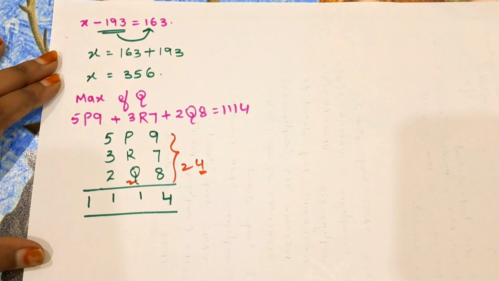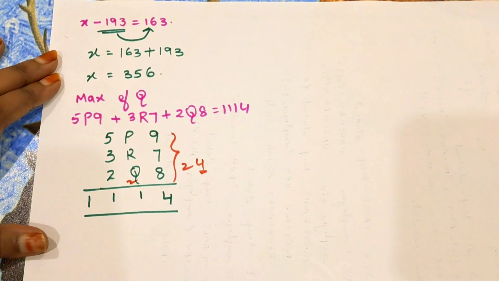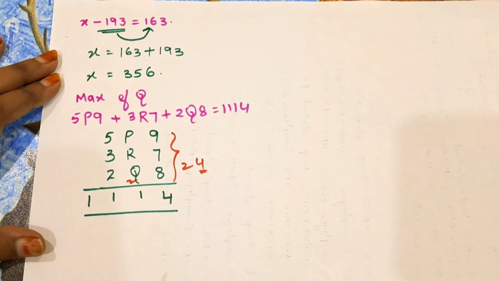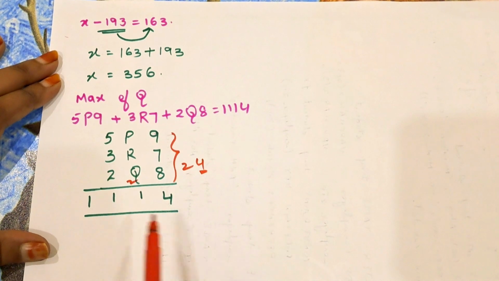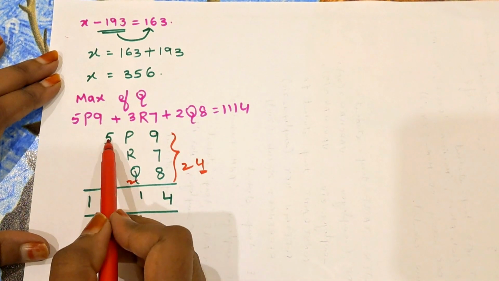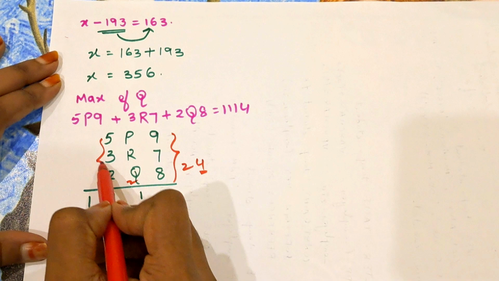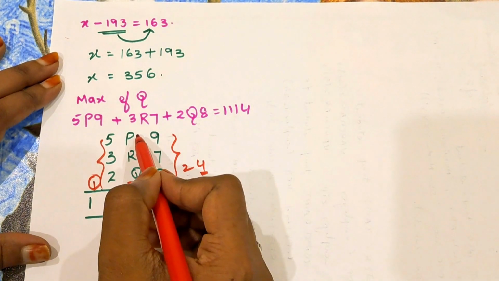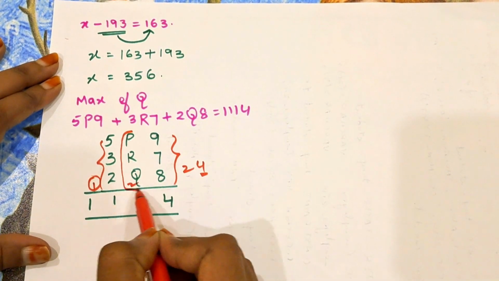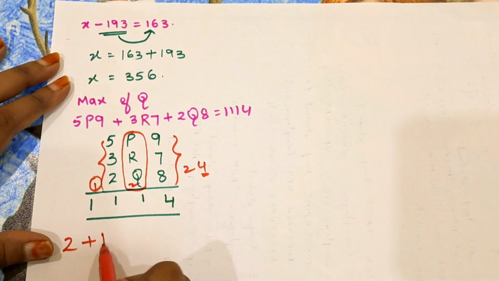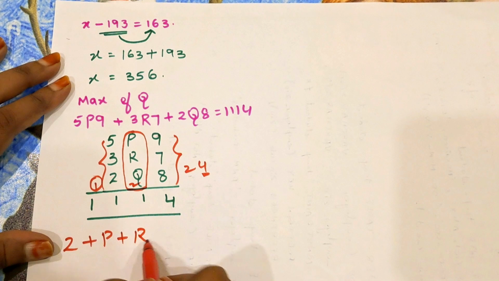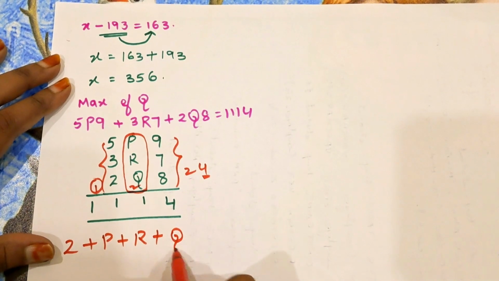And if we observe the last digits of the three numbers, which are 5, 3, and 2, the sum gives 10. But in the answer section, it is given as 11, and so there is 1 which is carried forward from the second digits of the three numbers. Further, we can conclude that the sum of 2 plus p plus r plus q is equal to 11.